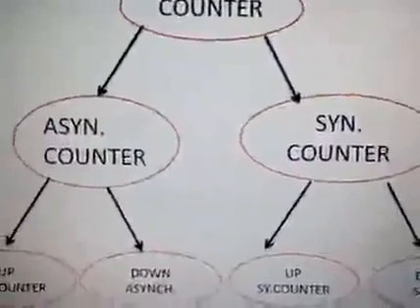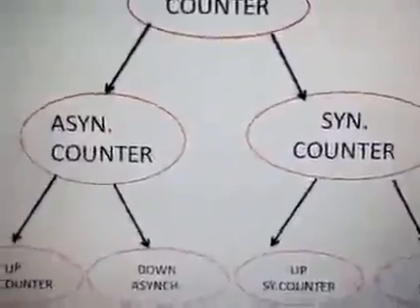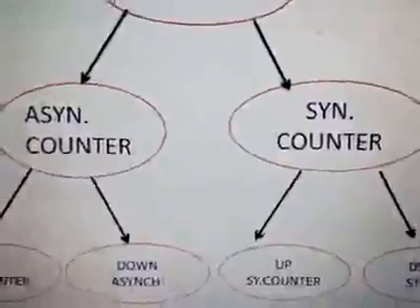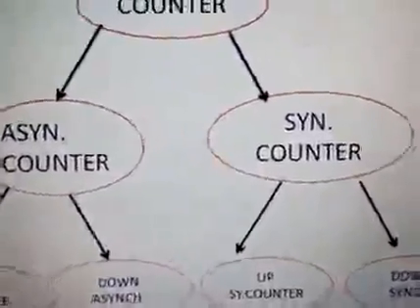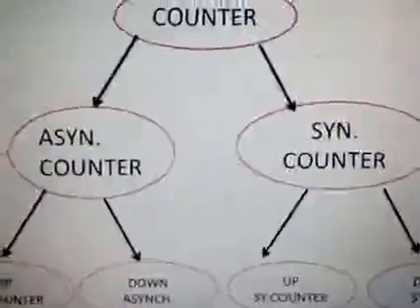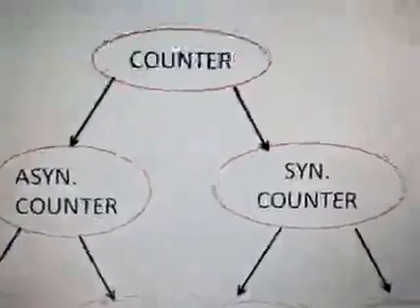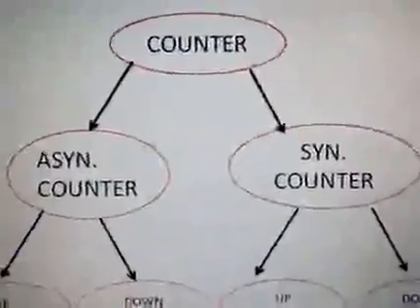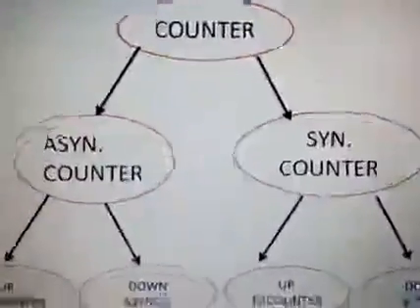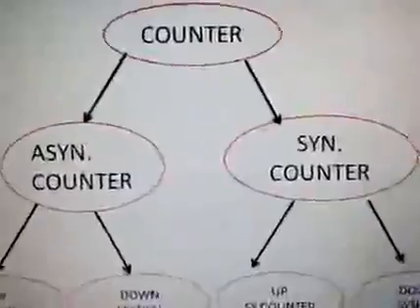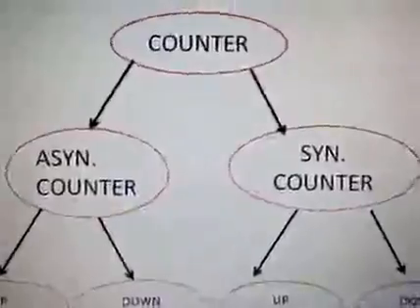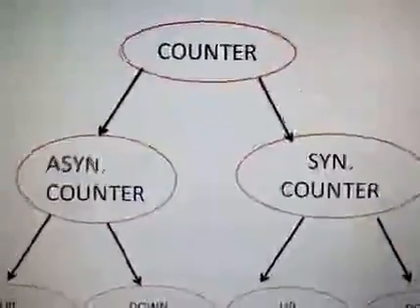So what is the asynchronous counter? Asynchronous counter is basically a combination of flip-flops to which we apply the clock cycles not simultaneously. It is also a ripple counter. The first flip-flop is clocked by the external clock pulse, and then each successive flip-flop is clocked by the output of the preceding flip-flop.